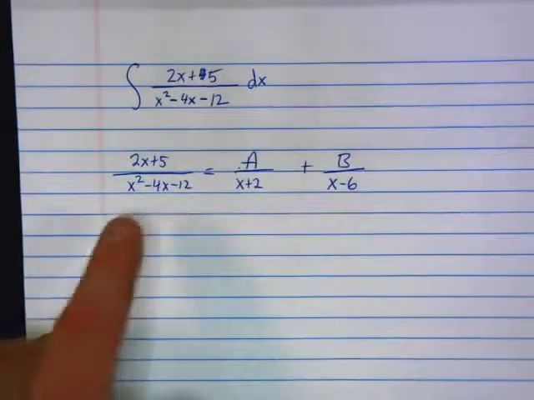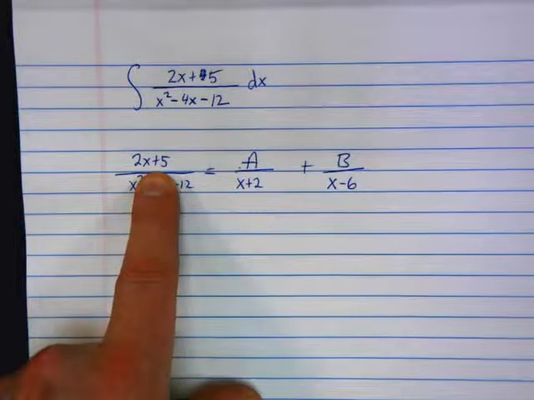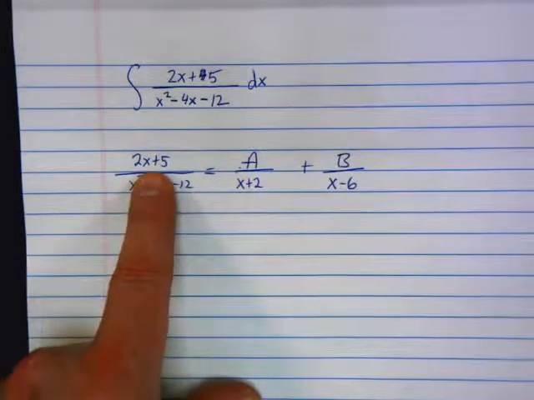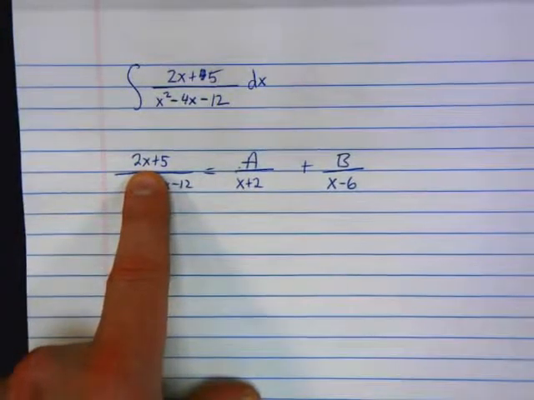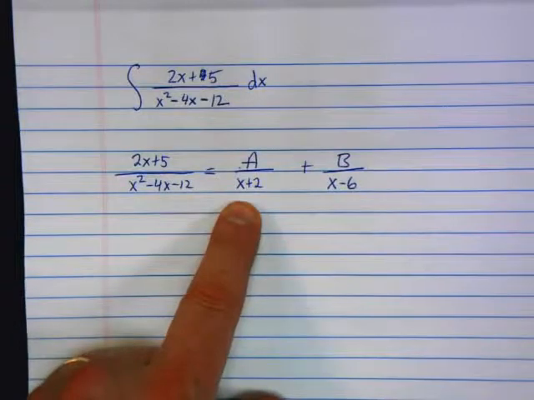The reason I wanted this to be 2x plus 5 instead of 2x plus 4 is that if this was 2x plus 4, I could have factored a 2 out, and I would have had an x plus 2, and it would have canceled with that x plus 2. I didn't want it to cancel out on me.